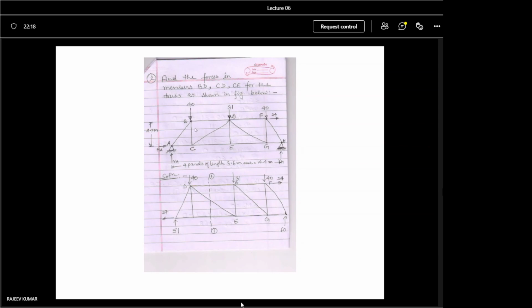See here, this is a triangular system. You have joined this in a triangle way. This is a rectangle, but you have to join the diagonal because 3 members should be there.